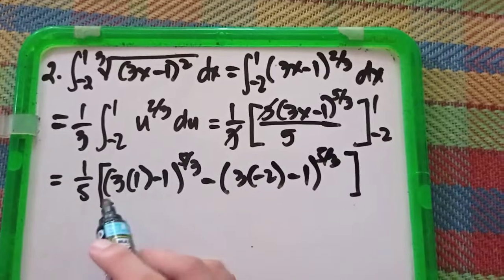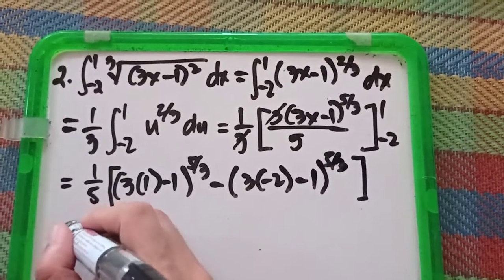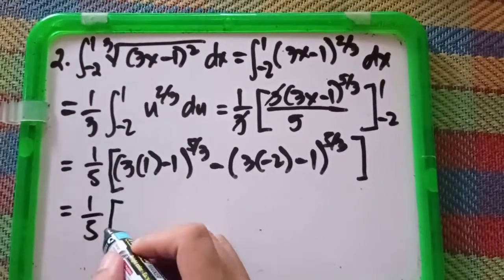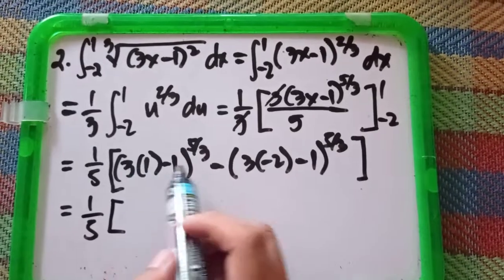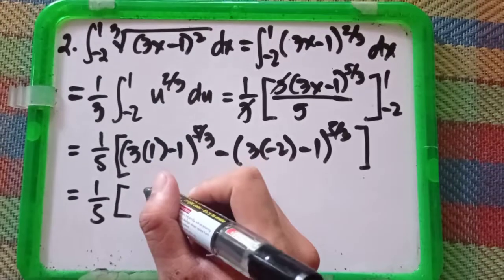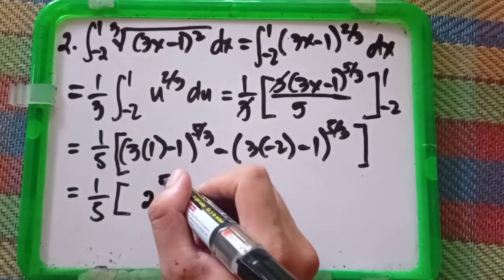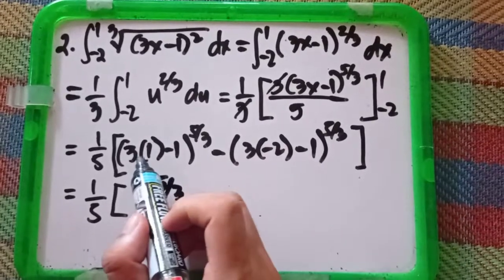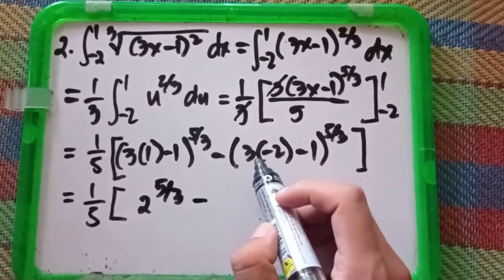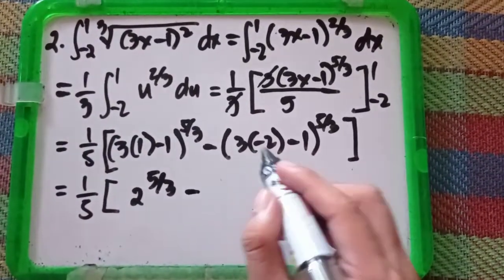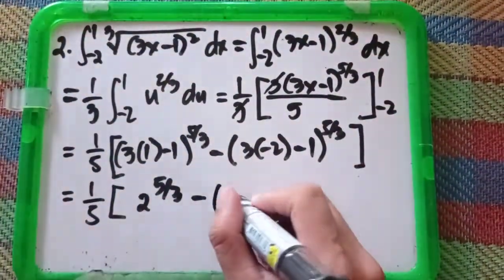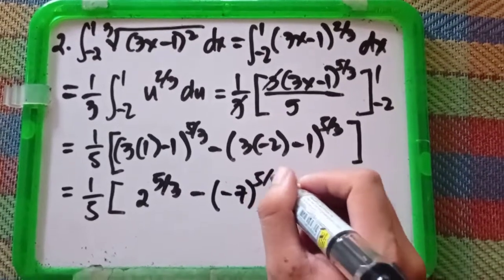So we can get here is 1/5 times yung nakuha nating solve natin dito sa term na ito is 2 raised to 5 over 3, kasi 3 minus 1 is 2 yung base, and ito is making negative 6 minus 1 is negative 7 raised to 5/3.